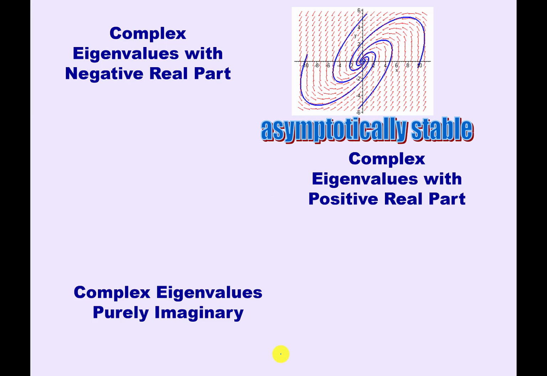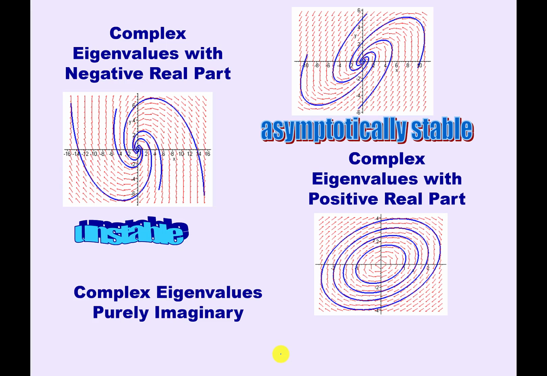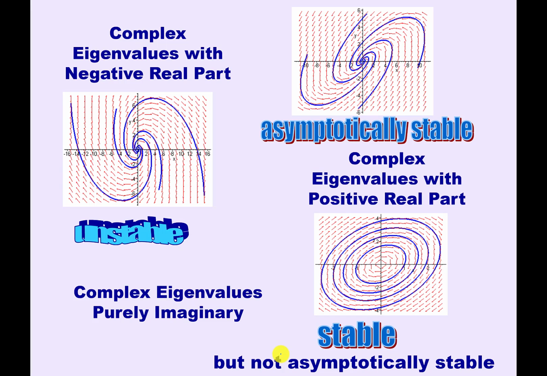You could have complex eigenvalues with a positive real part, so that one would want to circle around but then have increasing amplitude, and so that would be spiraling out, and that one is unstable. If you have complex eigenvalues that are purely imaginary, so the real part is 0, then they're going to want to cycle around in an elliptical pattern, and those are stable but not asymptotically stable.